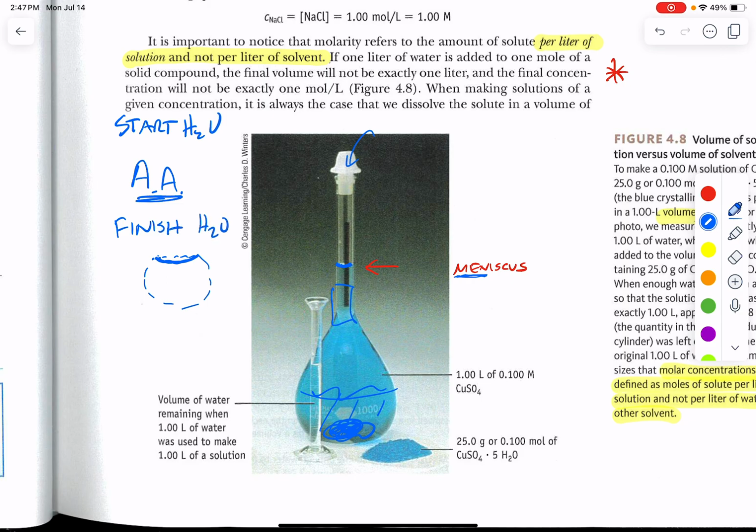But you need to have this starting water in the flask already, because mixing water and acid is very exothermic. It produces a lot of heat, and that heat could cause the solution to actually boil up and splatter out the top of the flask.